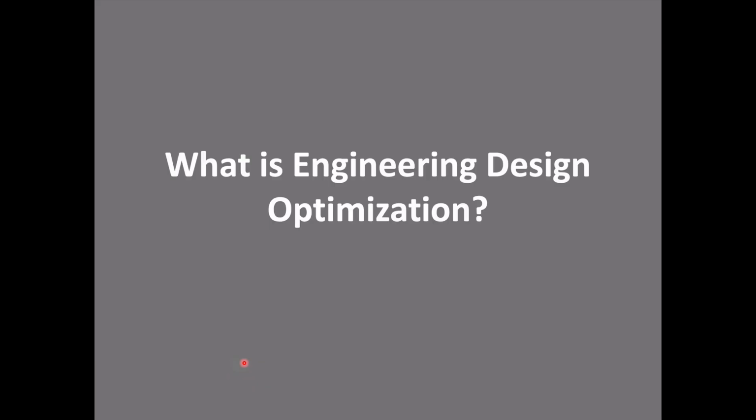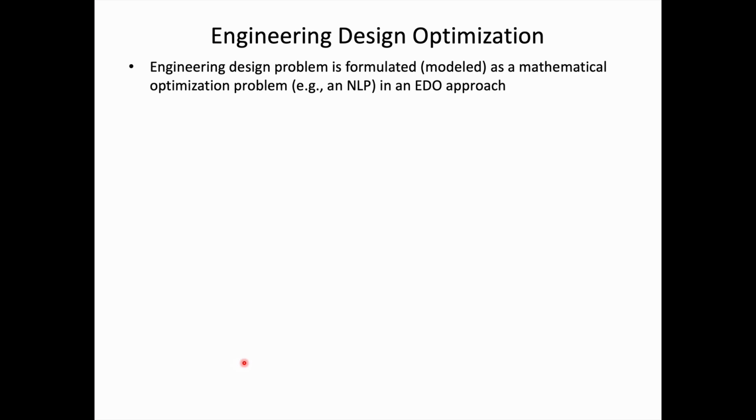Okay, now that we've gone through the definitions of engineering design, optimization, and engineering design, let's talk about all of them all together: engineering design optimization. Here, using an engineering design optimization approach, we have an engineering design problem that we've formulated or modeled as a mathematical optimization problem.